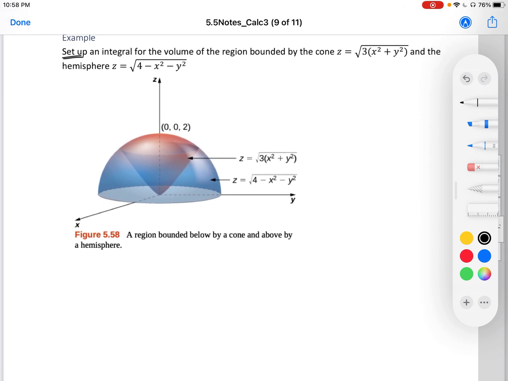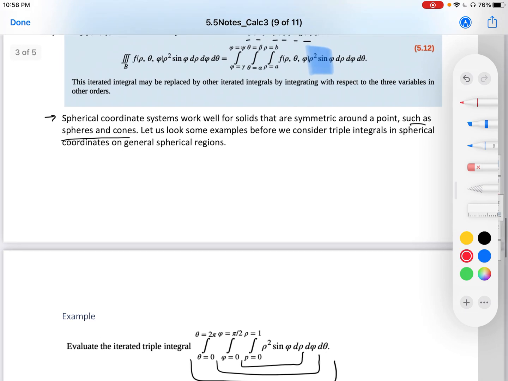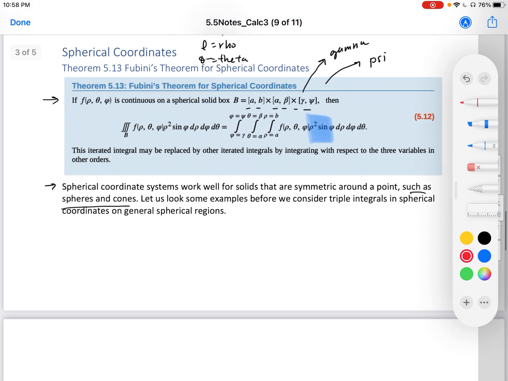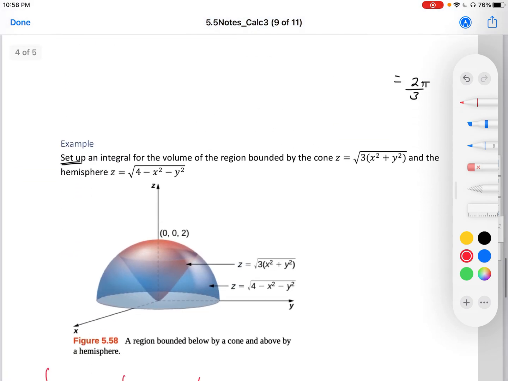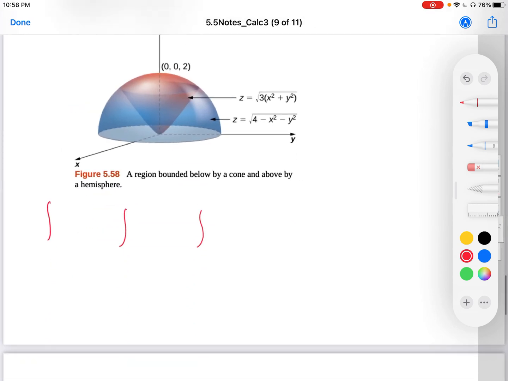So according to Fubini's theorem that we have right above, our goal is to have d rho, d phi, d theta of rho squared sine phi. So we have rho squared sine phi d rho d phi d theta.